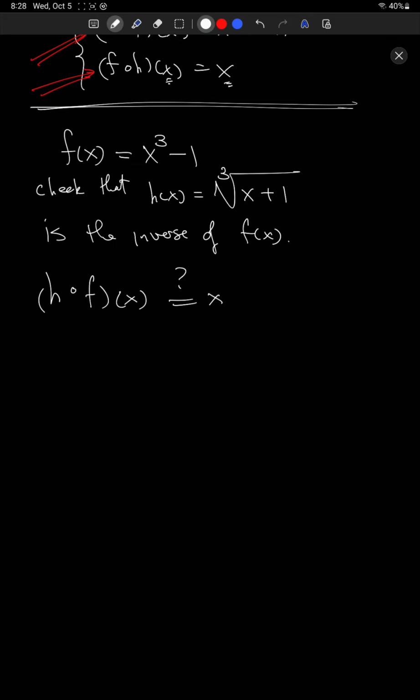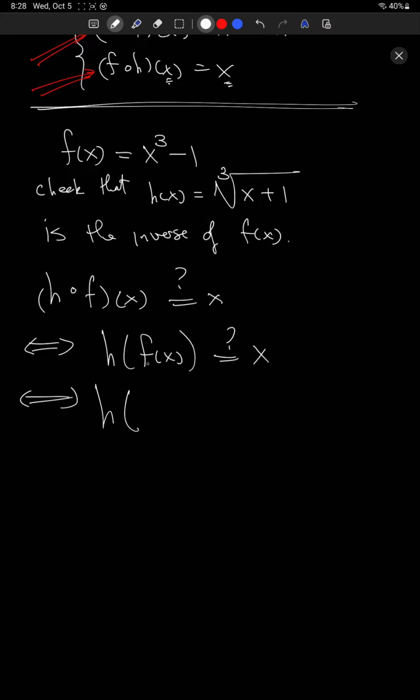So is this true? Let me do it like a verify problem. h of f of x, is this equal to x? That's the same as asking: h of f of x is h of x cubed minus 1. Is this equal to x?